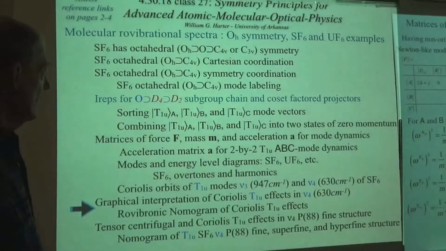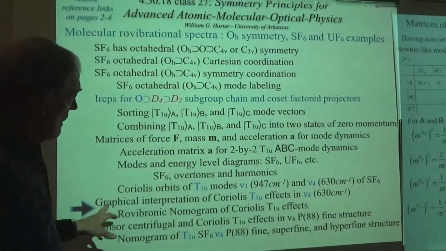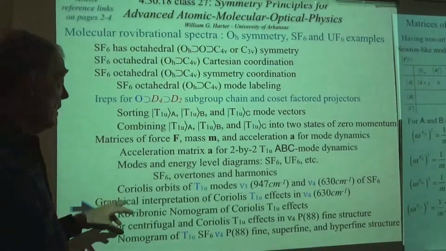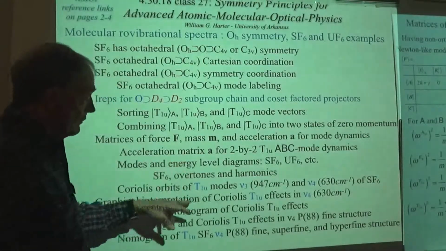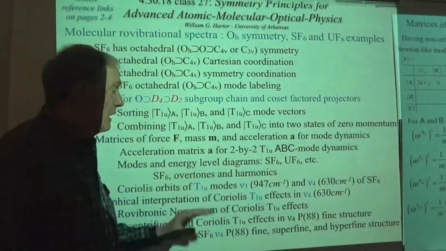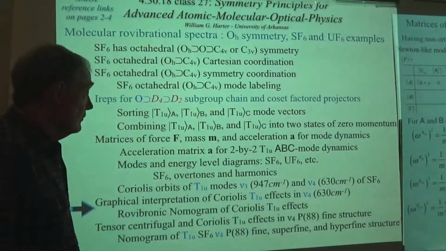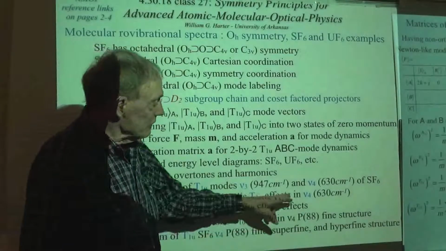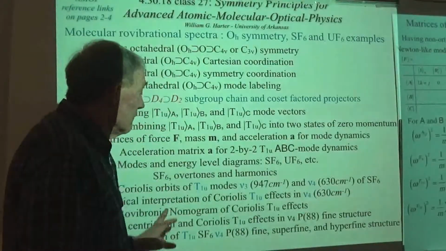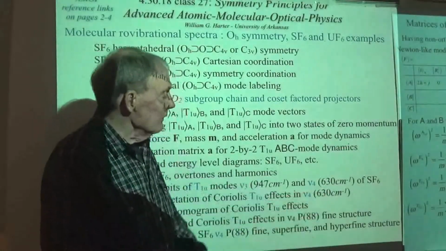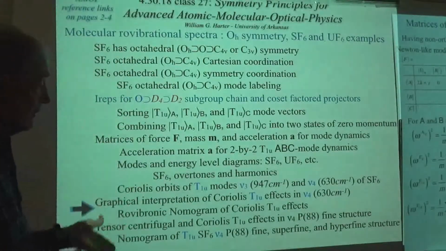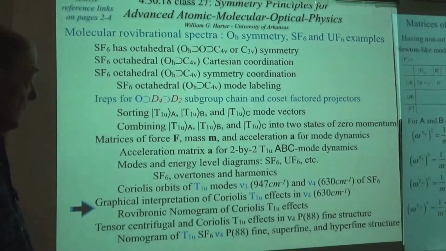Let's look at the spectra, and I want to show you a graphical way to handle a lot of this spectra, not just this Coriolis spectrum, which is what we look at when you do spectroscopy at low resolution. You can see these effects very clearly, most clearly for the 16 micron one. So nu 4 is what we're going to be pretty much talking about the rest of this class today.